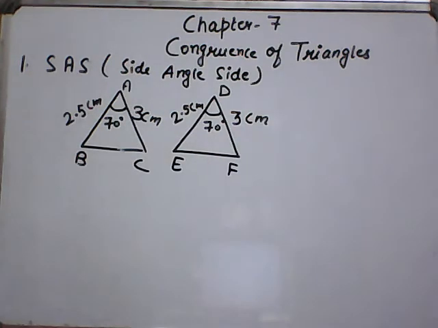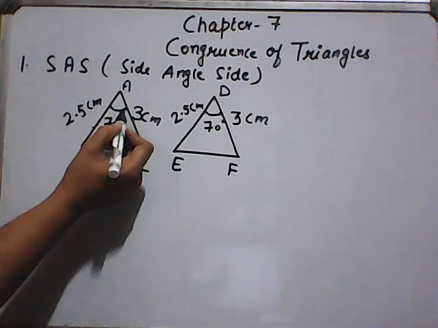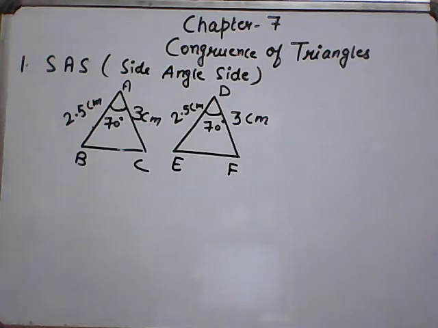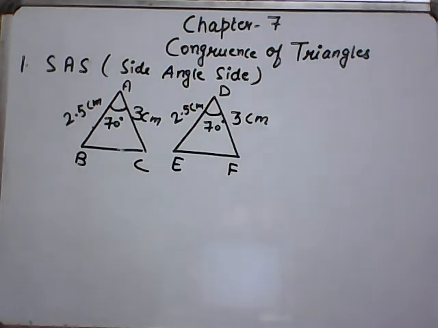Now, the SAS, side angle side congruence criteria states that if under a given correspondence, two sides and the angle included between them of one triangle are congruent to two corresponding sides and the angle included between them of another triangle, then the two triangles are said to be congruent.